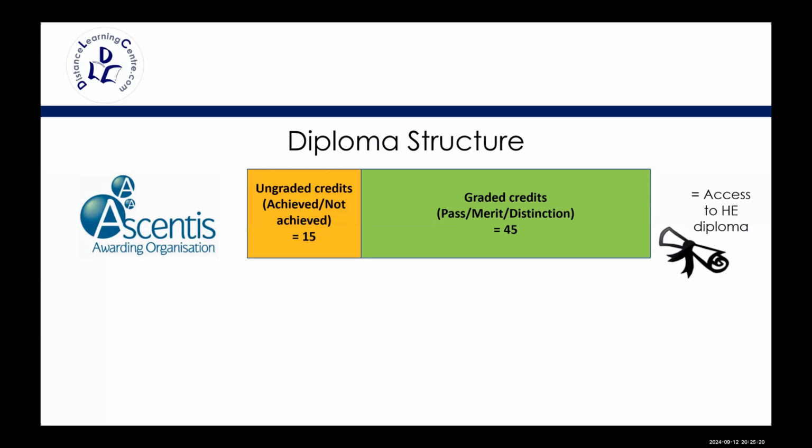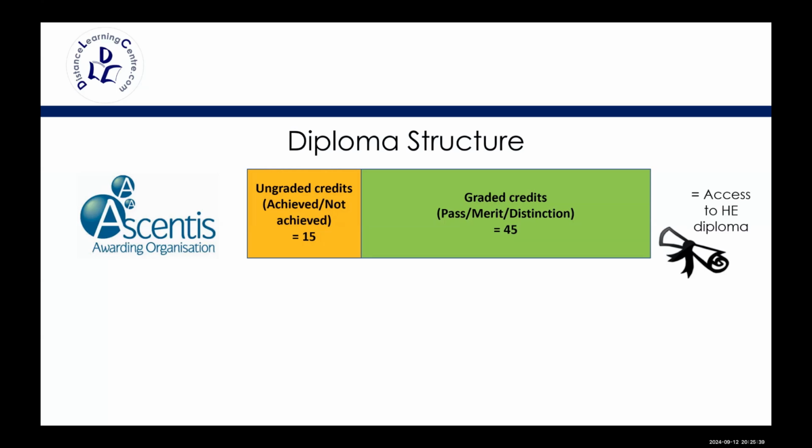And hopefully by that point, you've had enough feedback to go, right, okay, for instance, my spelling was rubbish, and that's why I only got a merit in my piece of work. So I really need to focus on my spelling before I hand in a piece of work to make sure I've got the best chance of getting distinctions.